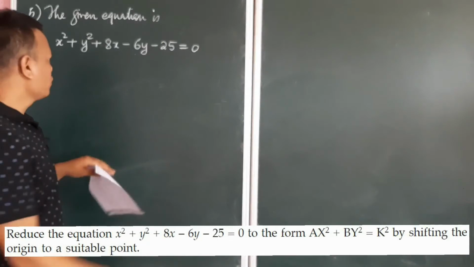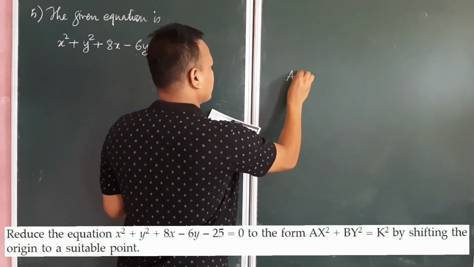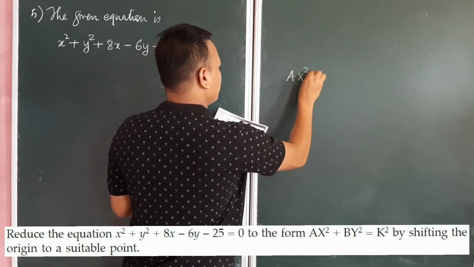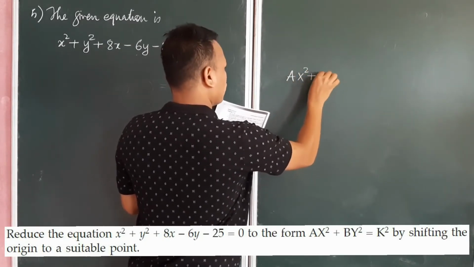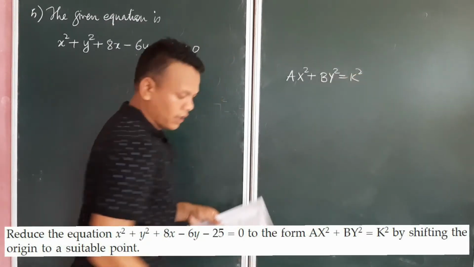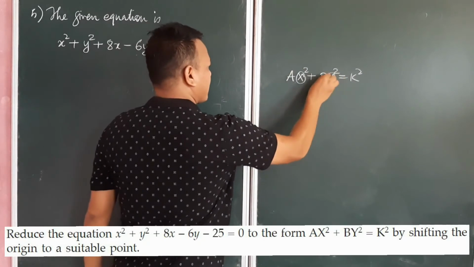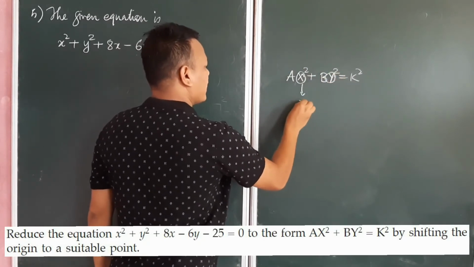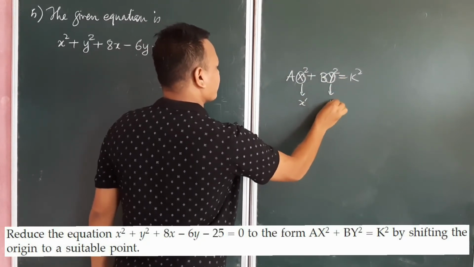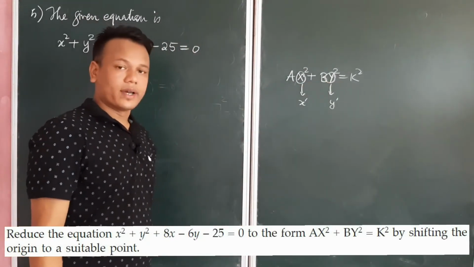Alright, so we need to change this equation into this format: ax square plus by square equals k square. Basically here this capital X and capital Y are nothing but x dash and y dash. That is the meaning of capital X and capital Y here.